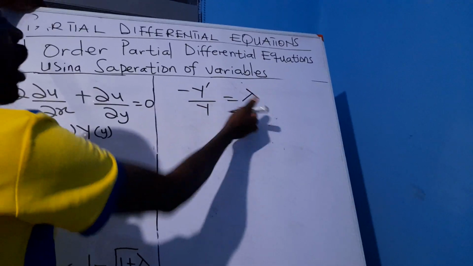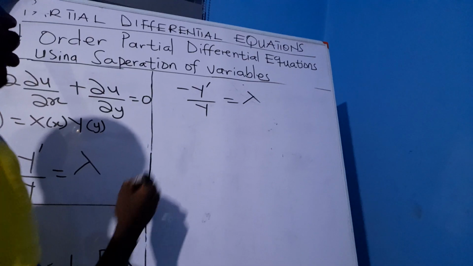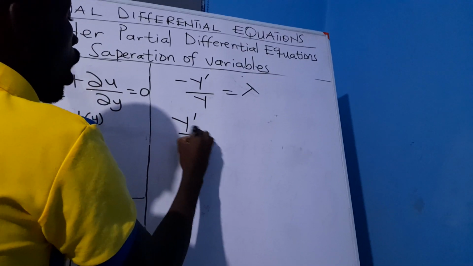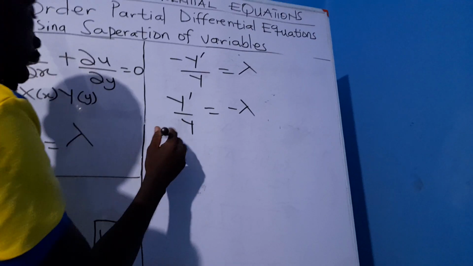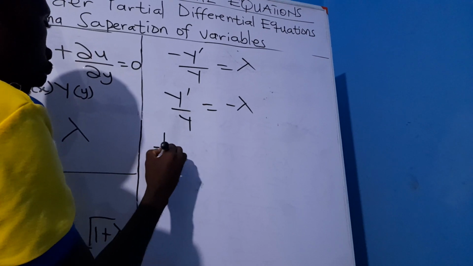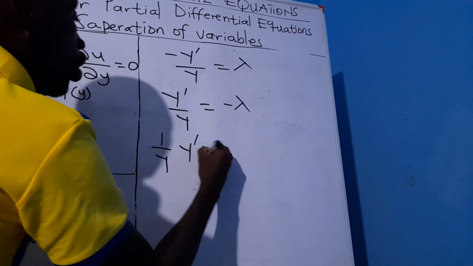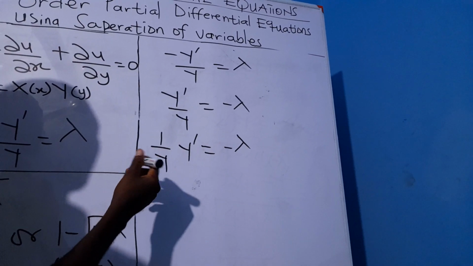So we can multiply both sides by negative. So we get y prime over y equal to negative lambda. We can rewrite this as 1 over y times y prime equal to negative lambda. Then we integrate both sides.